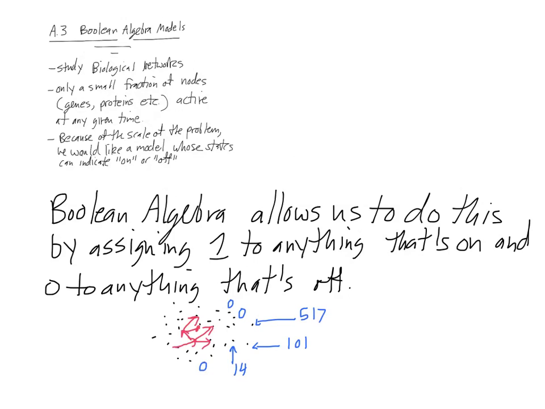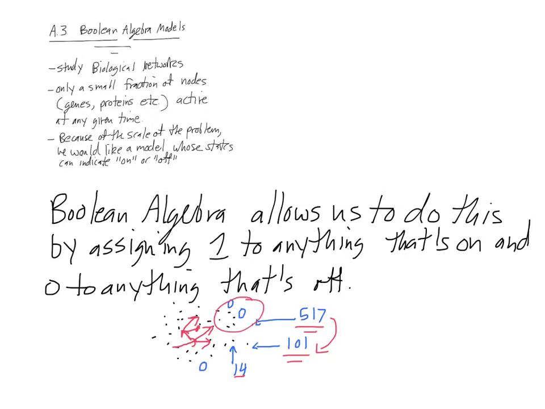And so the amount of memory needed to distinguish between 517 and 101 and 14, when you're really only trying to determine whether something's on or off, and you're going to overlook the fact that 517 might be 5 times as large as 101. We overlook that and just look at the fact that 517 and 101 are on, while those two zeros there are off.